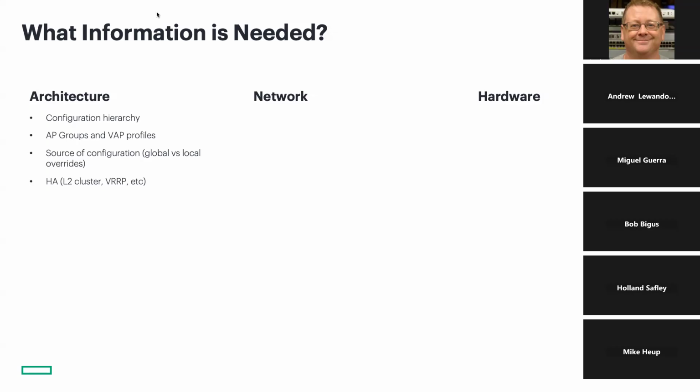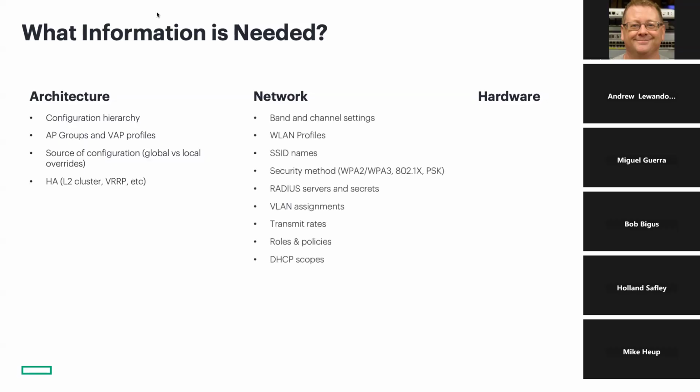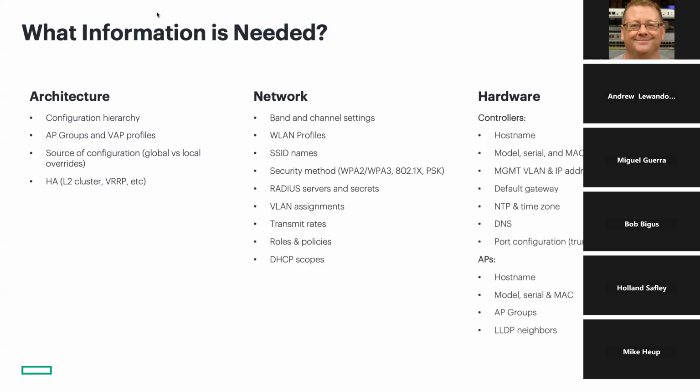Capture your AP groups, VAP profiles, etc. On the network side, gather all your wireless and wired network details, RADIUS information. And on the hardware side, inventory your hardware. You need your MAC addresses, serial numbers, and other information for onboarding your devices into Central. And then also the specific configuration for your gateways, for your controllers that you're about to convert into a gateway.